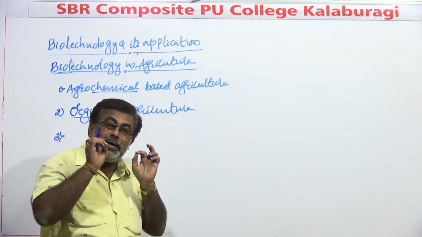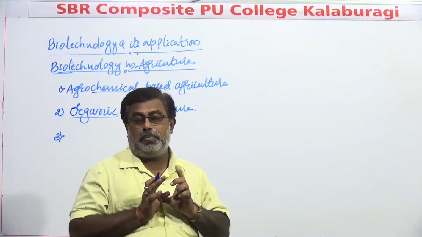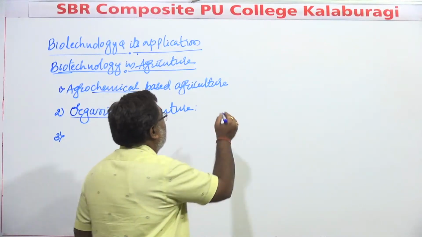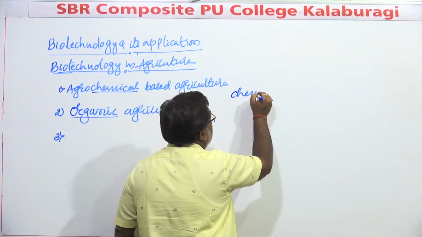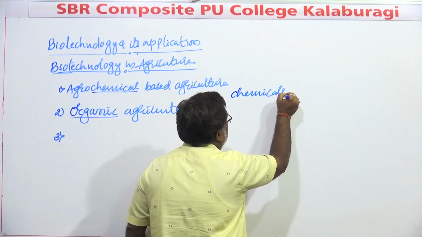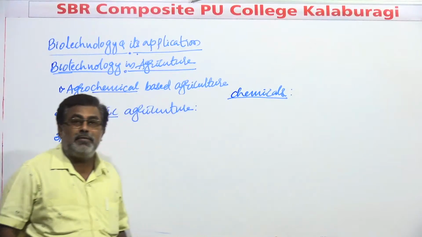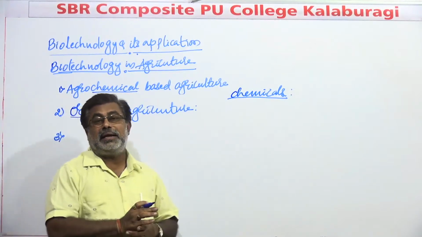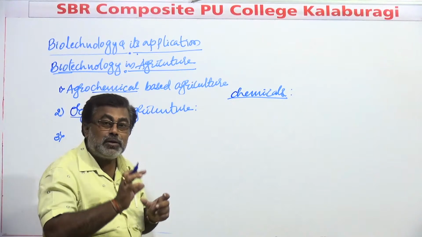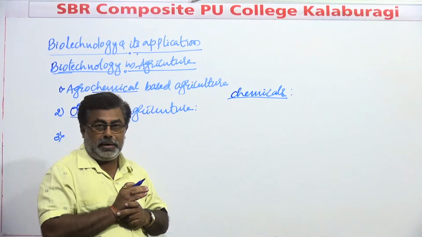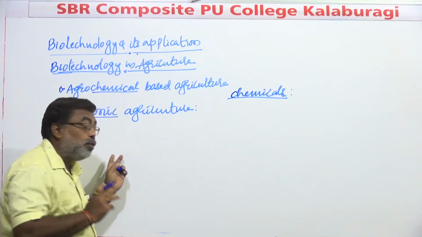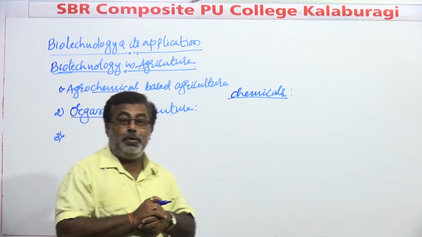Here they will totally stop the use of chemicals. They will depend on biological products. They may use cow dung manure.